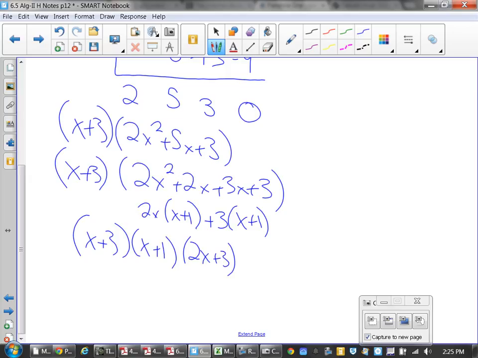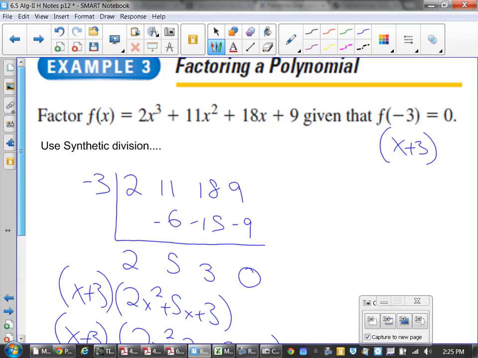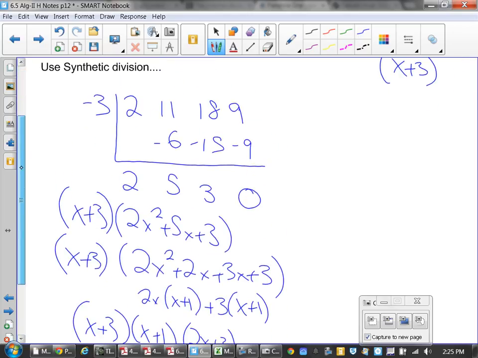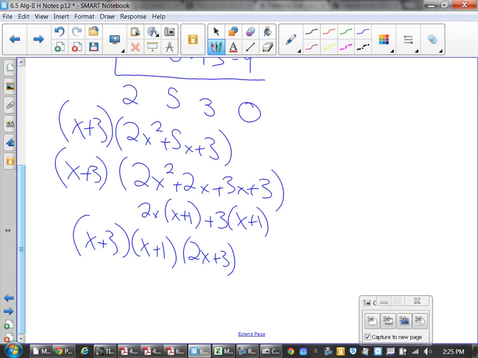That is how you factor the unfactorable. Is there ever anything that's completely unfactorable? Sure there is. Thank you, Jenna. But we're just not worried about those. So what we're doing is adding another method to factoring: factoring given a zero, factoring given a term.